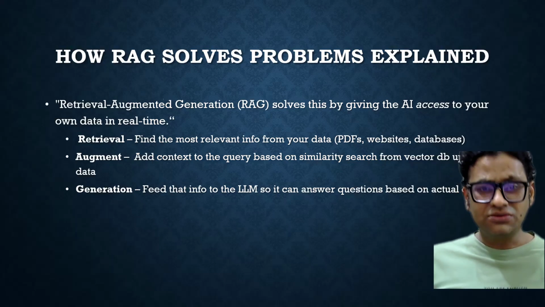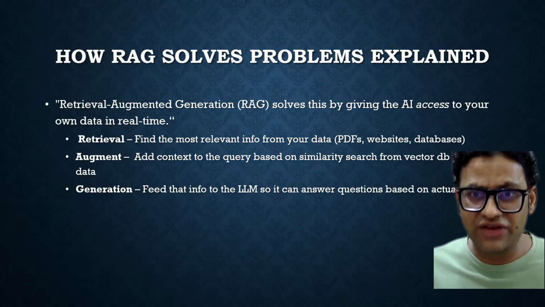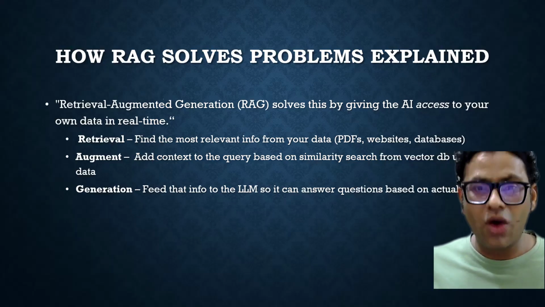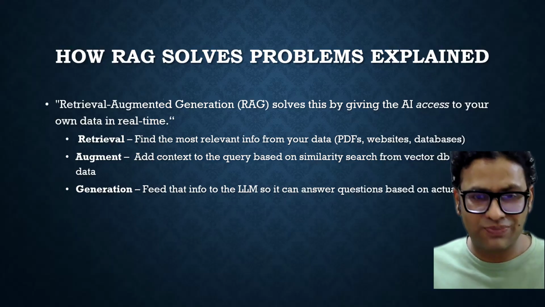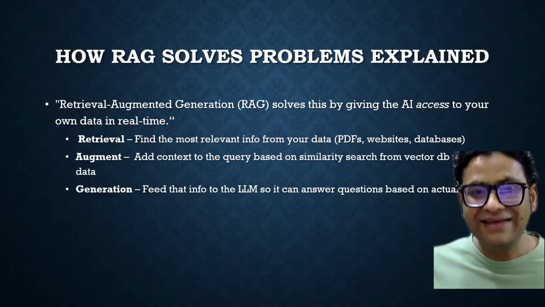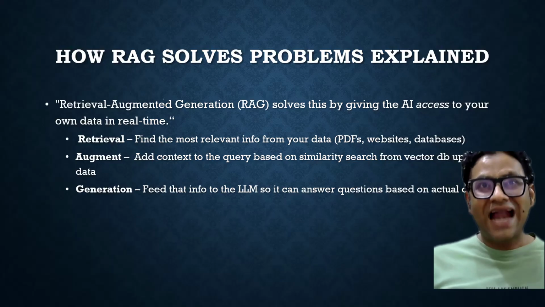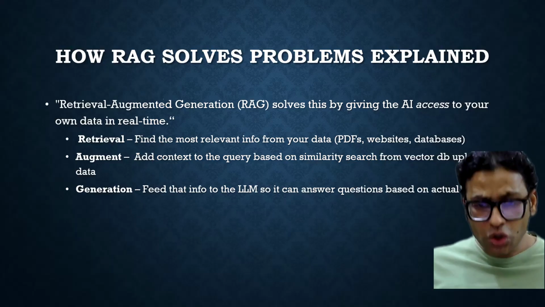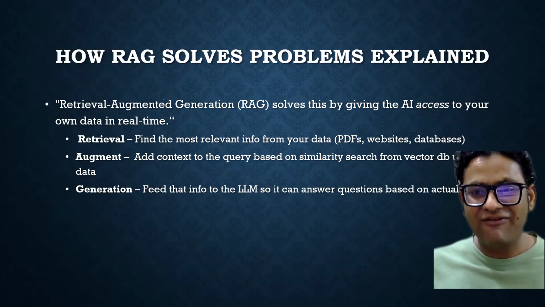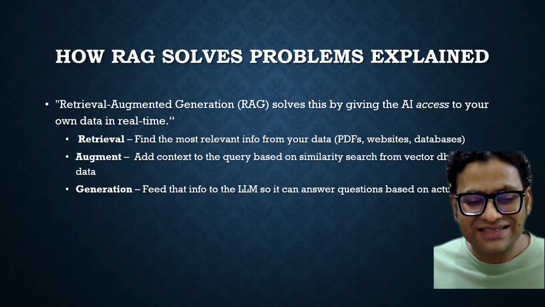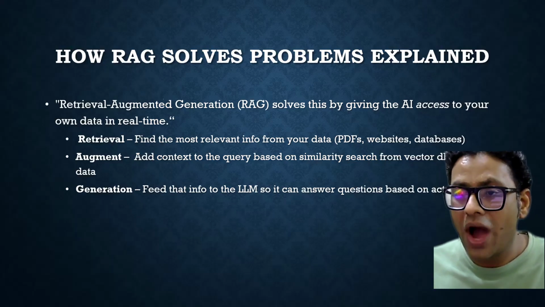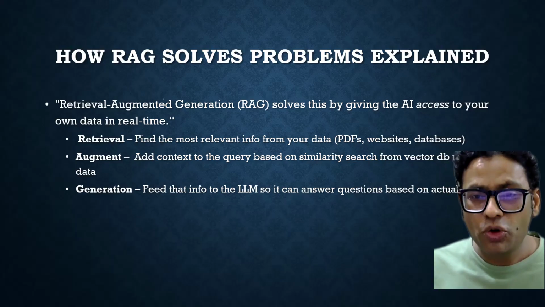So retrieval is just extracting the data from the real-time source, which is required for a specific query or a specific scenario. Augmented is where we add the context to our query so that it has all the supportive information.